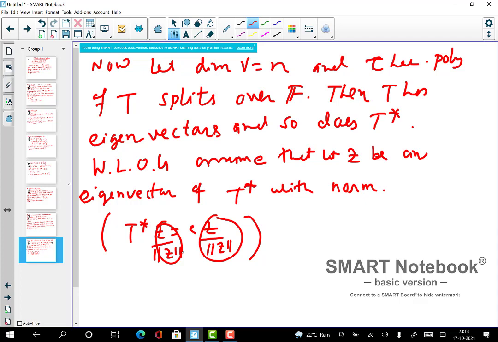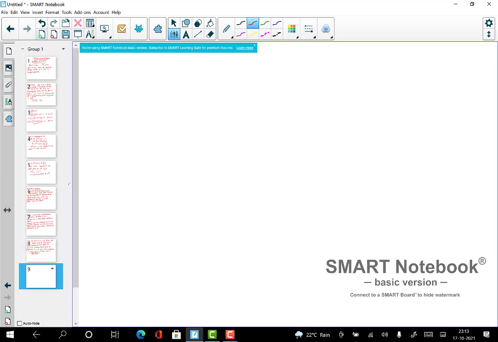Okay, so suppose norm 1, corresponding to the eigenvalue c. And I am assuming that this is norm 1, meaning a unit vector, right?